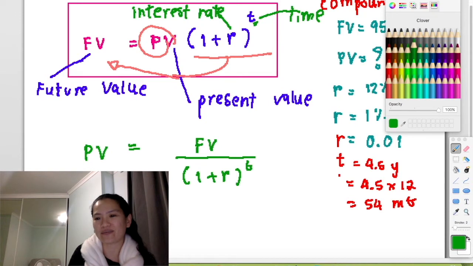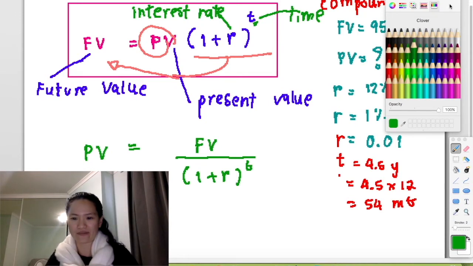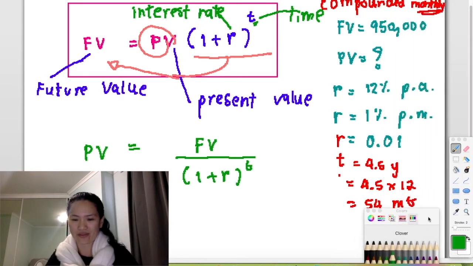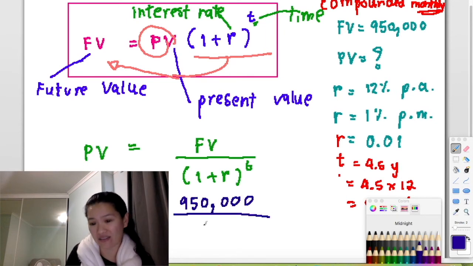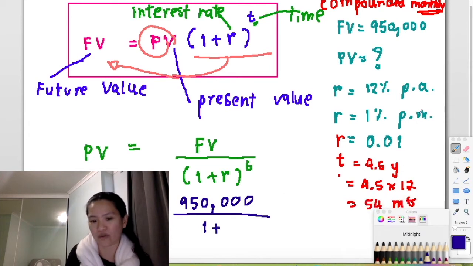Now you just substitute what we have. We know that FV equals 950,000. R per month is 1% per month, or 0.01. Tricky as well. Here you have to make R a decimal. Okay?